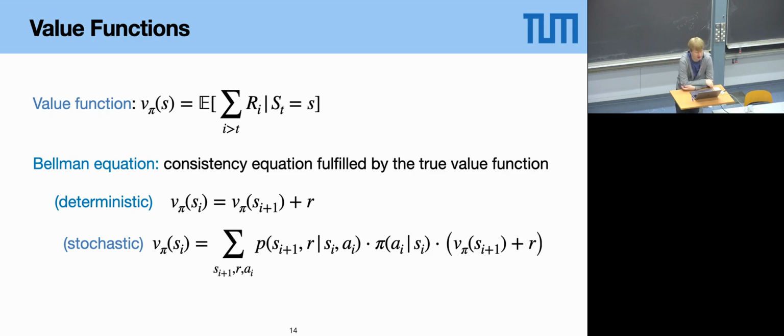Either the environment can be stochastic, or the policy can be stochastic, or both are stochastic. That's also possible, and the common case. And the violation of this Bellman equation is often the starting point of many reinforcement learning algorithms that we will see in just a few minutes.